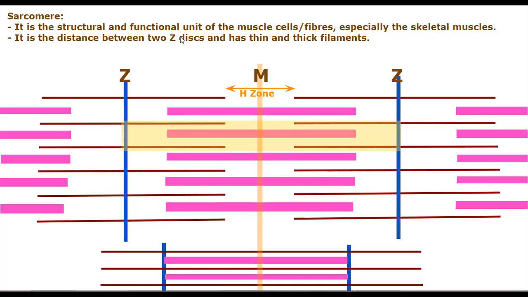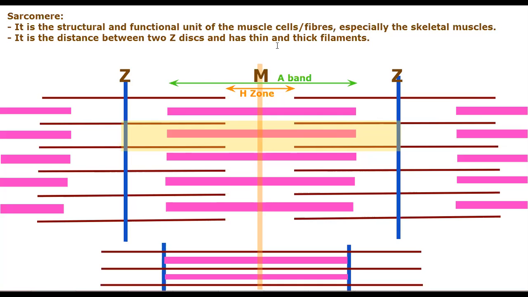Now the distance from here to here, the distance between here and here, is called the A band. Okay, so this is referred to as the A band.